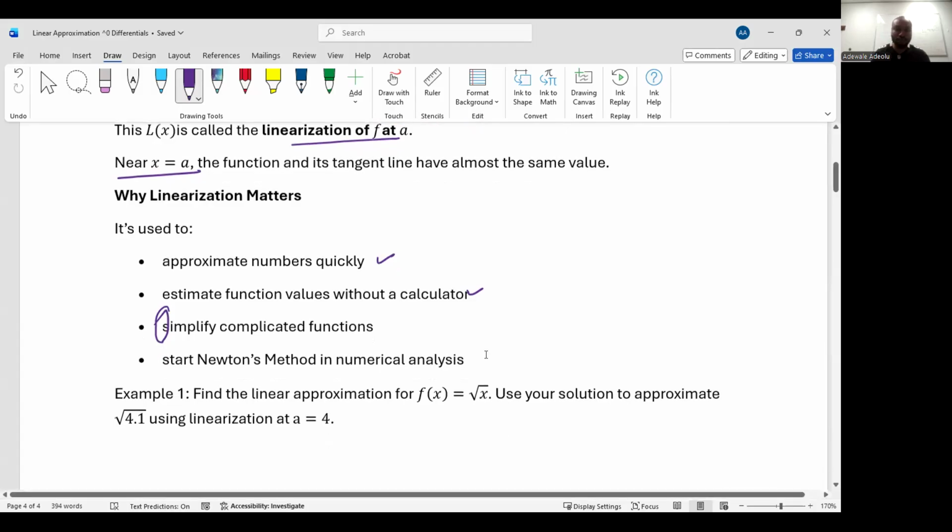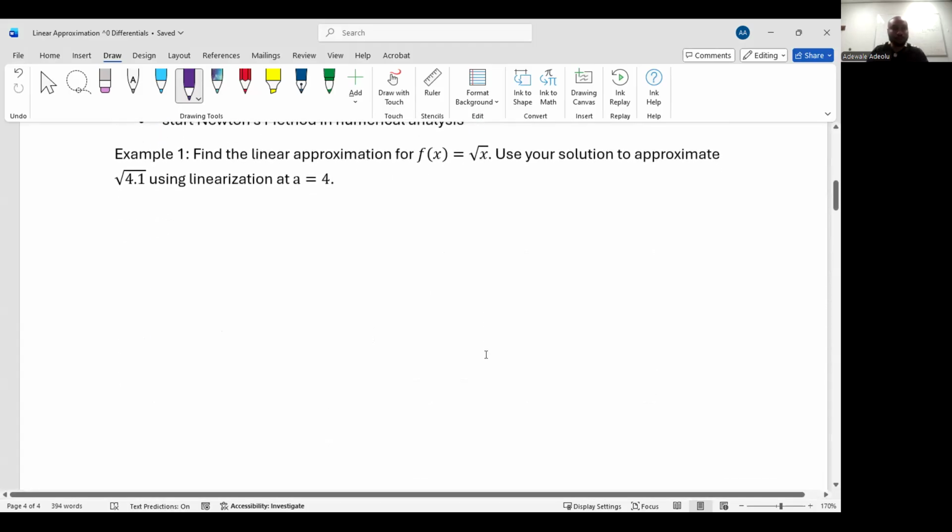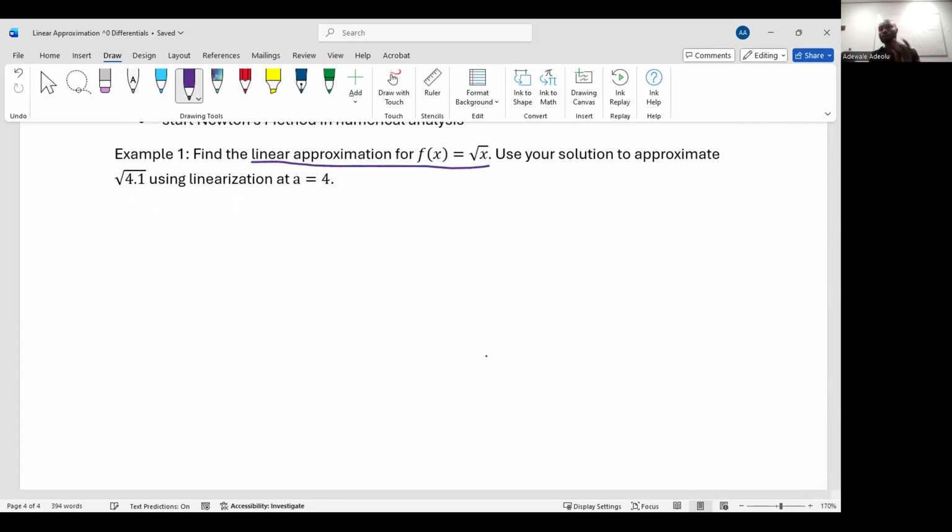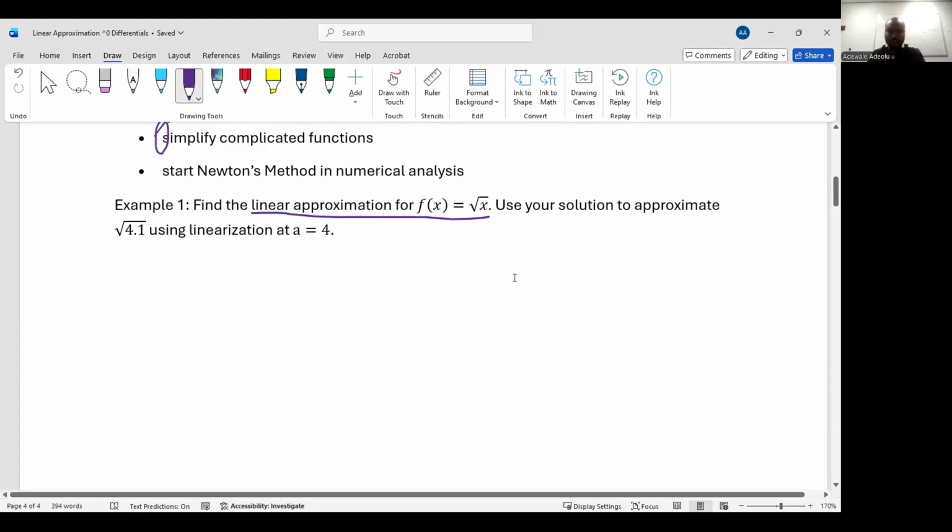Let us use an example. Find the linear approximation of f of x equals square root of x. Then use your solution to approximate the square root of 4.1 using linearization at a equals 4.